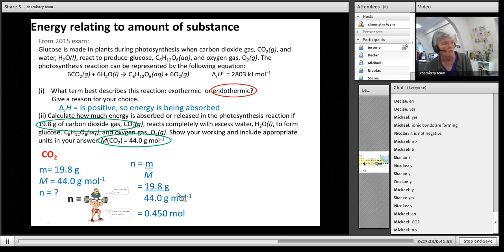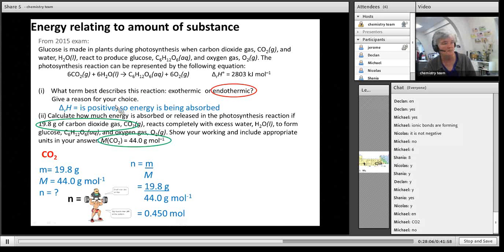Always, as I say, if you get a calculation, work out the number of moles. Right, to work out the energy, we need to look at this equation. Now, we are told that 6 carbon dioxide molecules, or 6 moles of them, because this is always worked in moles, okay? So 6 moles of carbon dioxide give you that much energy, or not give you, it takes in that much energy. Now, we don't have 6 moles, we have 0.450 moles.